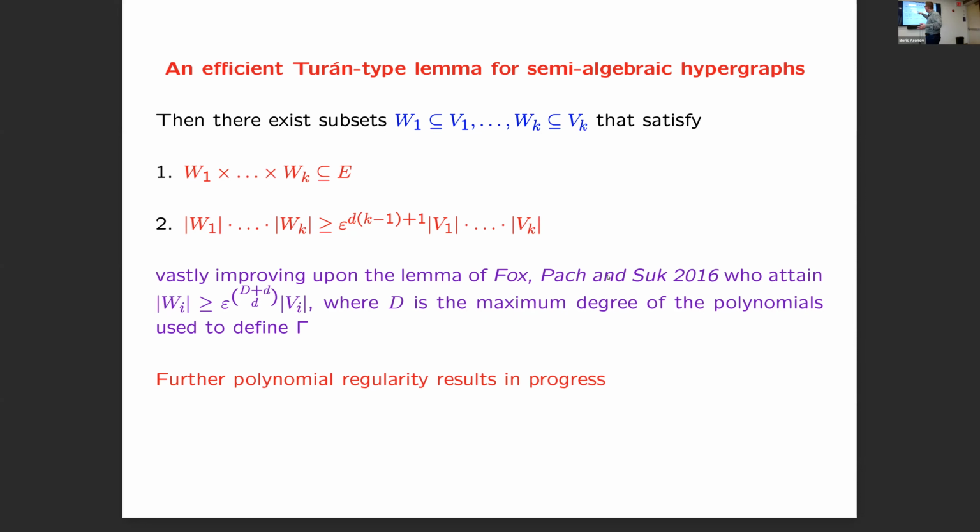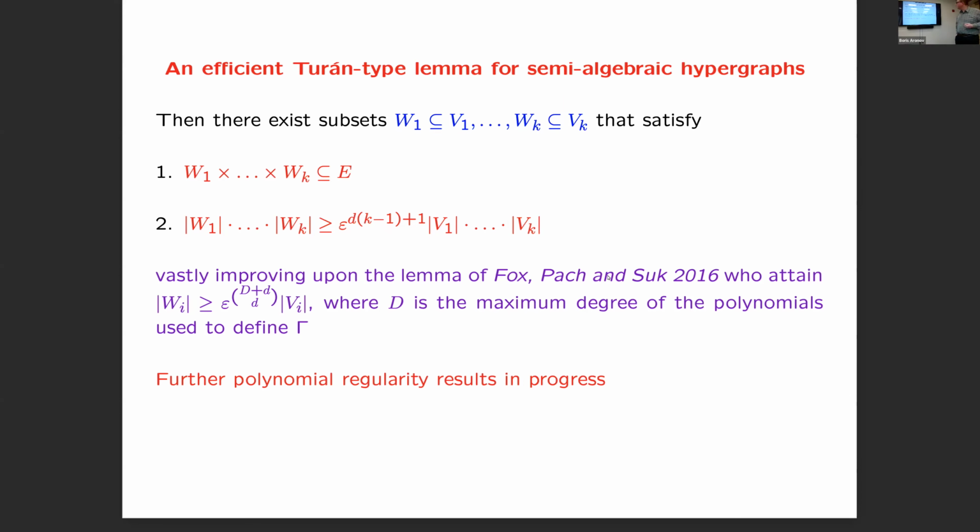So you have k parts such that all the combinations of one vertex from each part are inside our edge set, and there is also a very large number of such combinations.